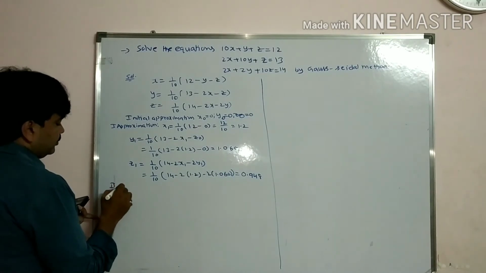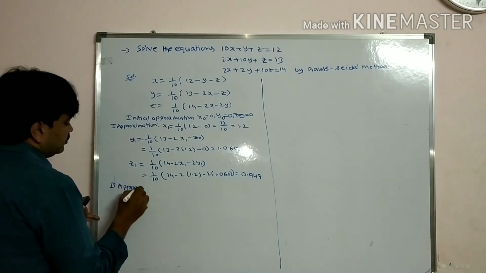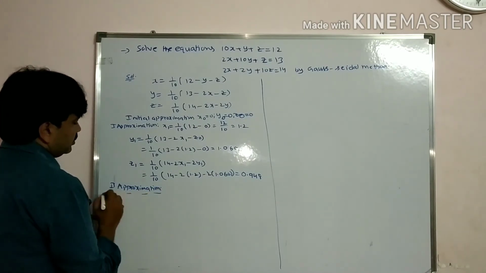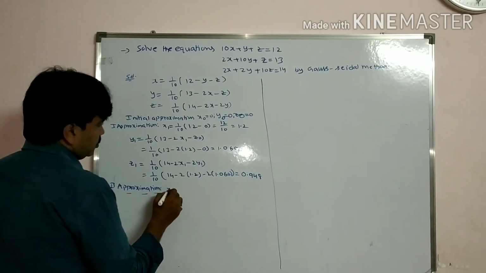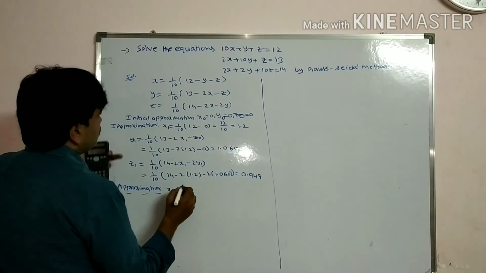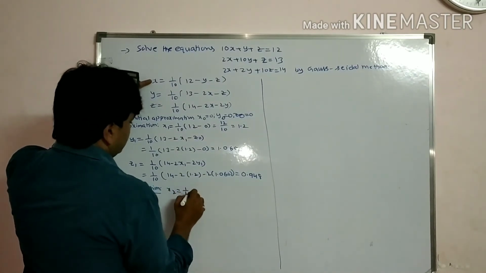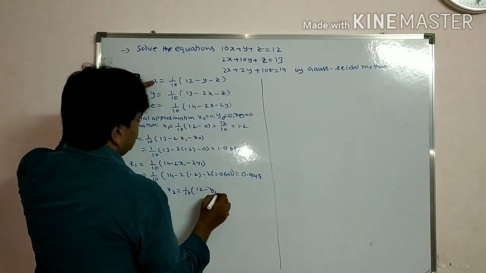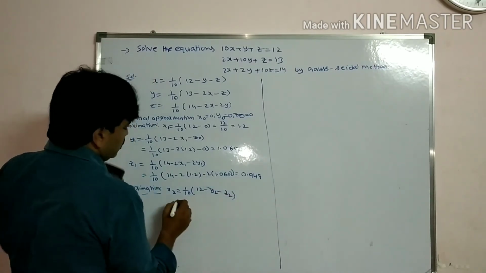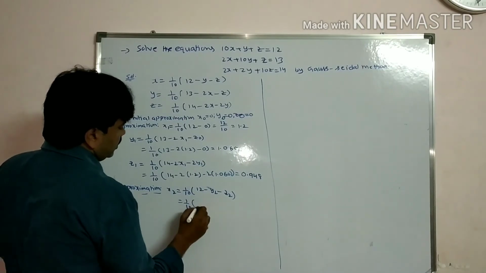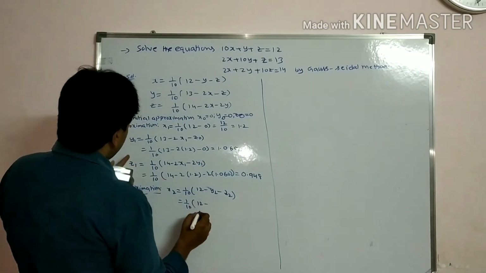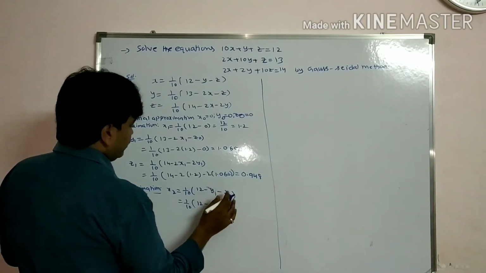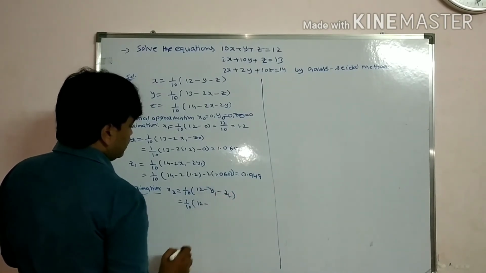Second approximation. So x2 is equal to, count students, 1 by 10, 12 minus y1 minus z1. Sorry, it is not y2 students, it is y1 and it is z1.